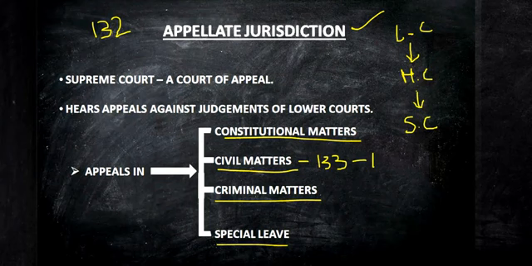Whenever an appeal in a civil case is made, an appeal on any judgment of High Court can be made only if the case involves a substantial question of law, and in the opinion of the High Court, the question needs to be decided by the Supreme Court. Let me give you an example so that you can easily understand what I have told you.